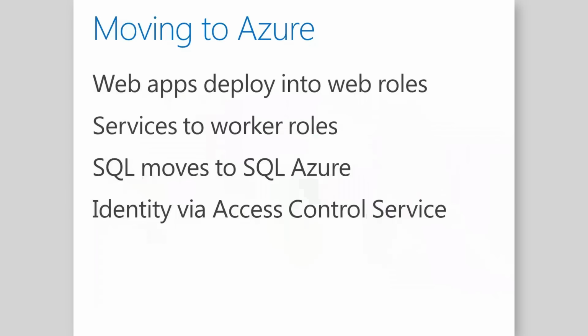Now, there are some things you need to think about when you do that, of course. What dependencies does your application have on talking locally to, I don't know, maybe file systems, maybe to other services in your network? You definitely need to take that into consideration. And there are a couple of options for that. One is, of course, that you can apply a thing called Windows Azure Connect.